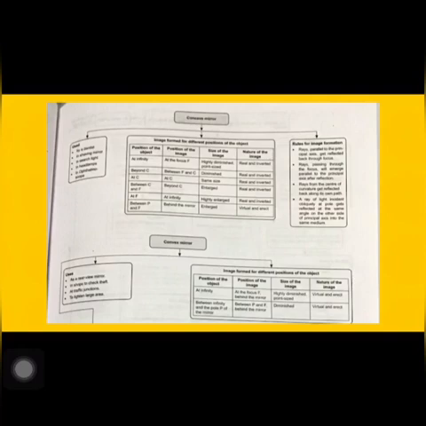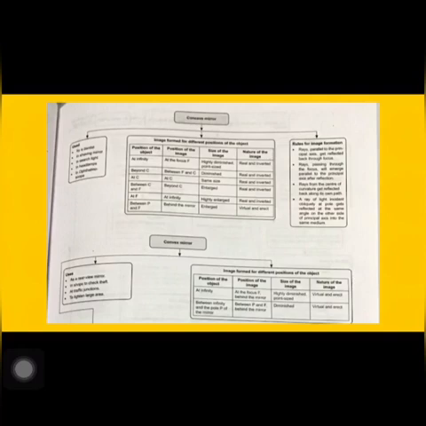In this video we are going to discuss the properties of spherical mirrors, that is concave and convex mirror. Firstly we are going to discuss the concave mirror, or converging mirror. Firstly let us see the image formed for different positions of the object by this mirror, or you can say the ray diagrams.